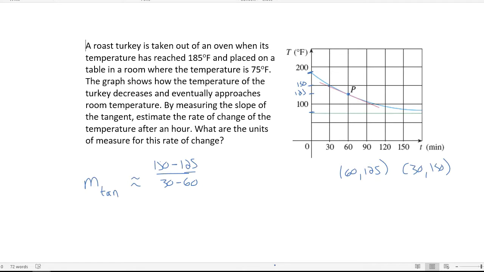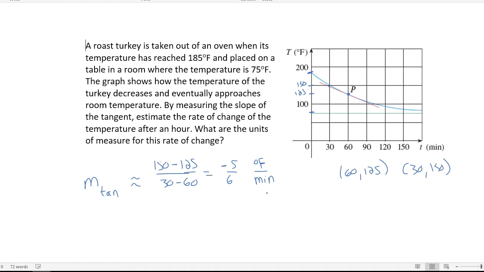If we simplify this, we end up getting negative 5/6 as our slope. The negative shows me the temperature is decreasing. This is the rate of decrease, if you will. And remember, the units are y's over x's. The y's is my temperature in degrees Fahrenheit, and the x's is the time in minutes.